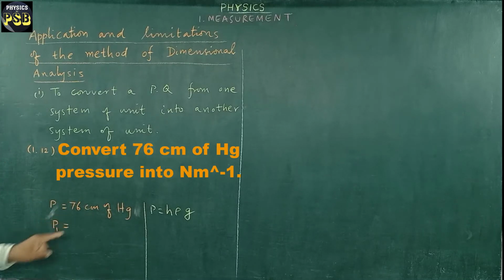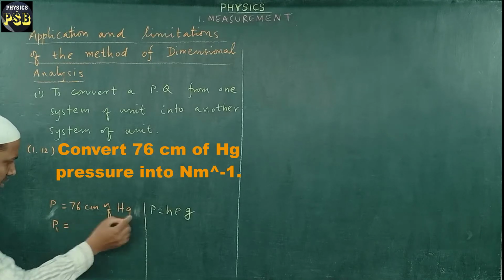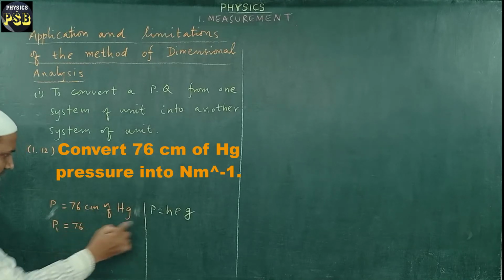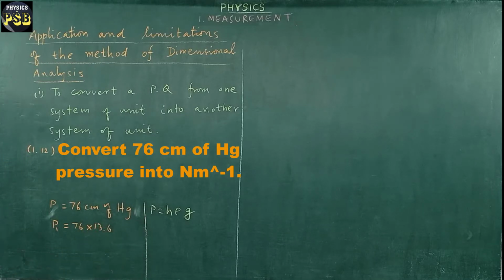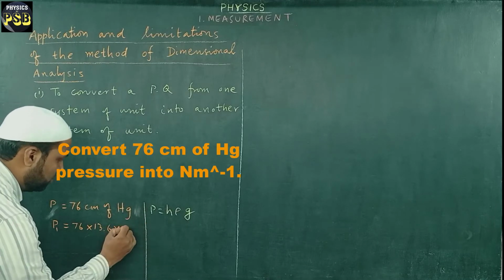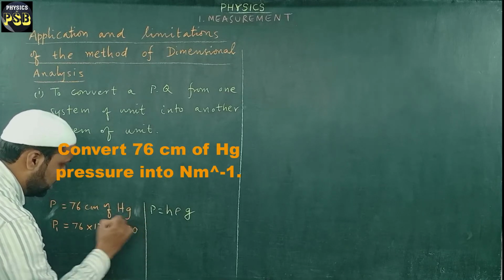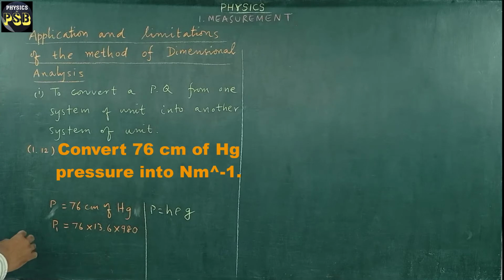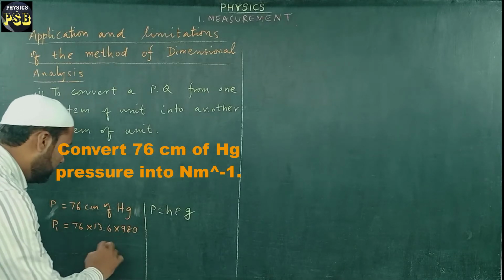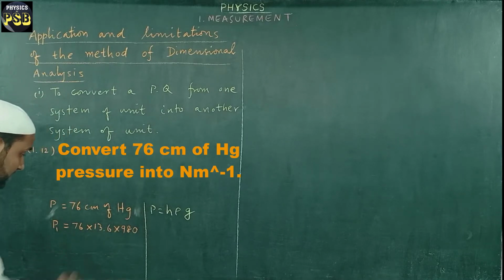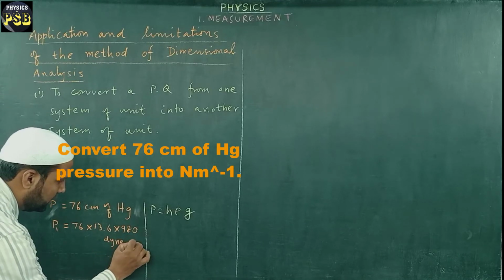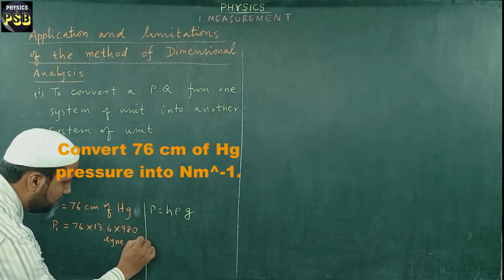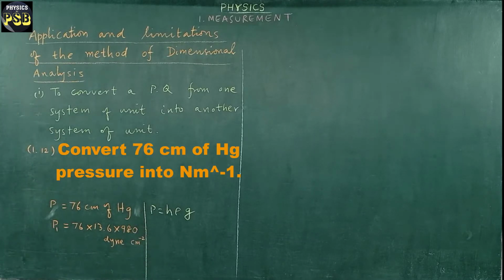In the CGS system, the value P1 is nothing but the height, 76 centimeter, times the density, 13.6, times g, 980, the acceleration due to gravity, with the unit in the CGS system being dyne per centimeter square.